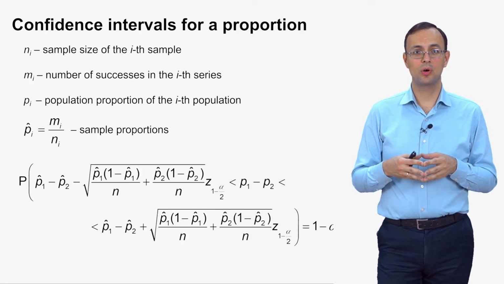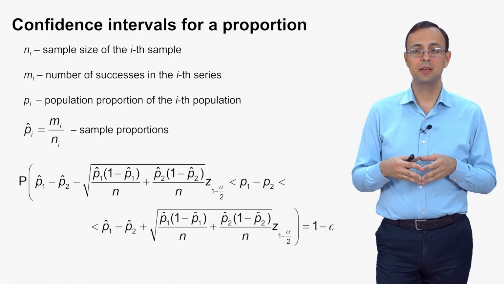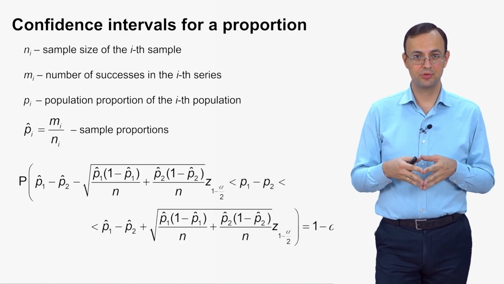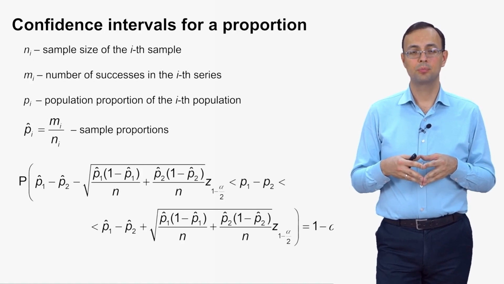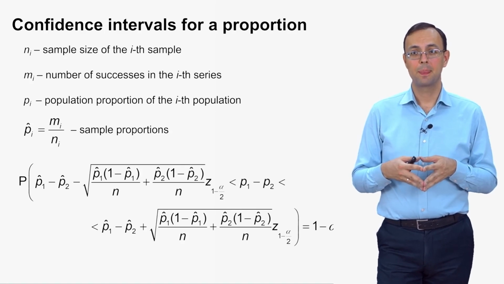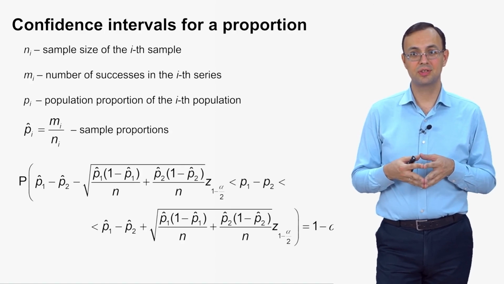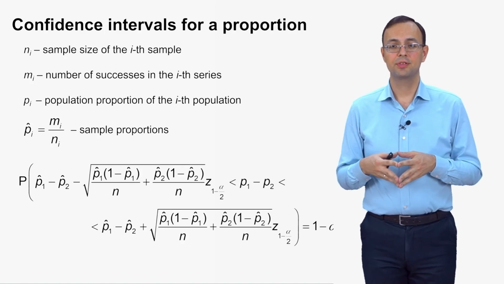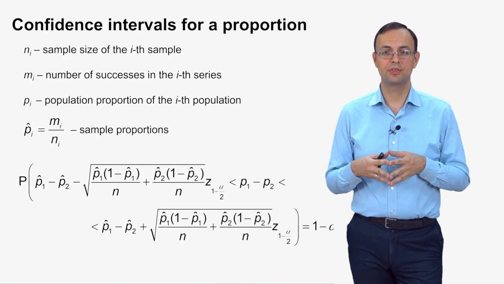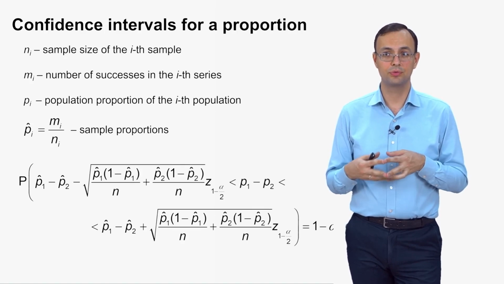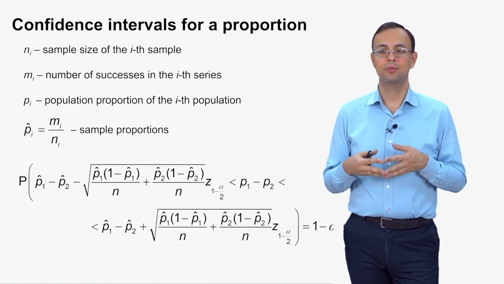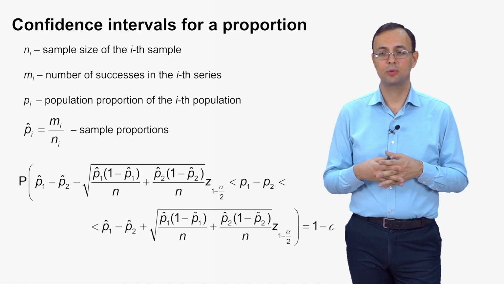M1 and M2 are the numbers of successes respectively, P1 and P2 are population proportions, or probabilities of success, for these two series of trials, and P1 hat and P2 hat are the two sample proportions. You are interested here in a confidence interval for the difference P1 minus P2, and the formula is the one you can see now.